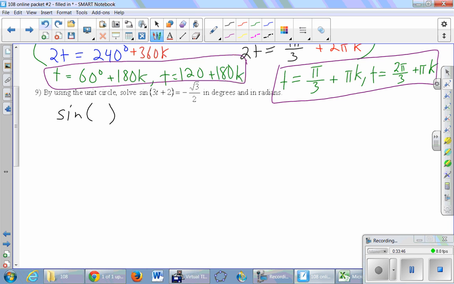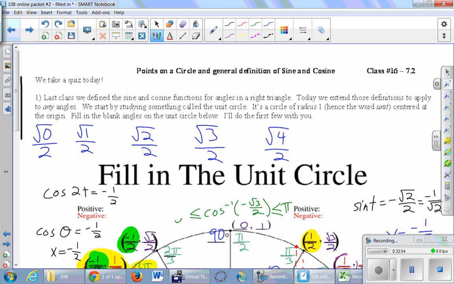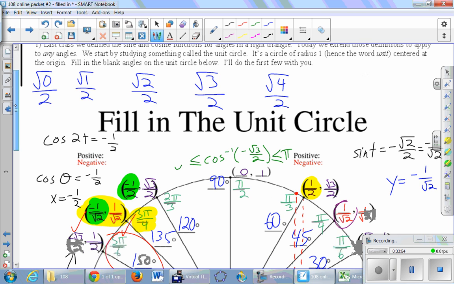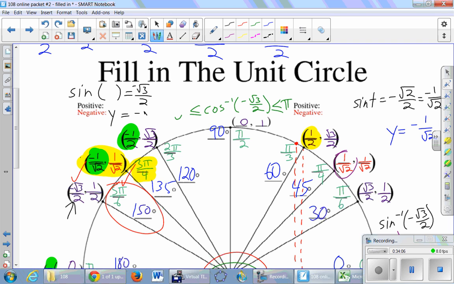Okay, so let's just write it this way. Sine of something complicated is supposed to be -√3/2. So I'm just going to write that on our unit circle. Sine of something complicated is -√3/2. And we said that sine was the y value, so we just need y values to be -√3/2.